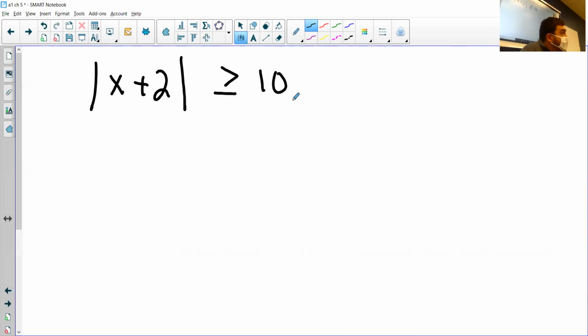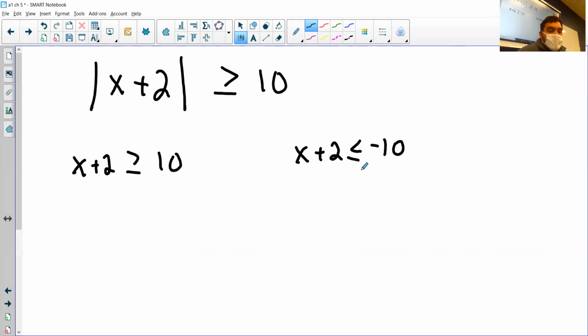Step 2, we're going to set it to the positive and negative. So it's going to be x plus 2 is greater than or equal to 10, and x plus 2, when we set it to the negative, it'll be negative 10, but we're going to do what to the sign? Good, less than or equal to.